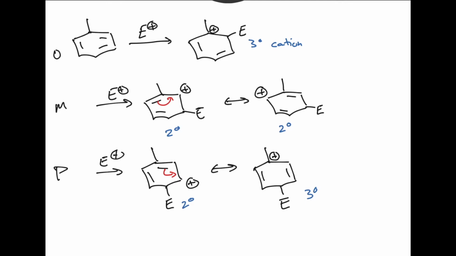Right, so when I add to the ortho or the para position, there's at least one resonance structure that gives me a more stable tertiary carbocation. Well, adding the meta only gives me a secondary carbocation.